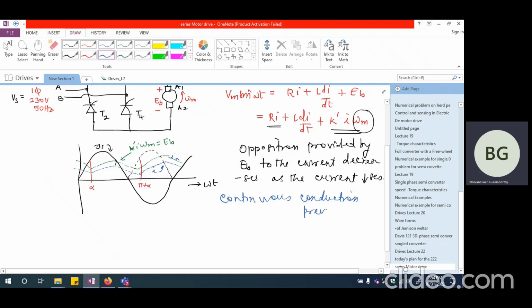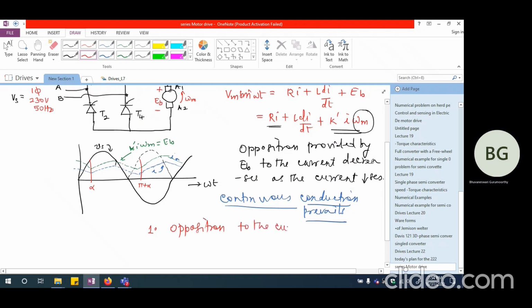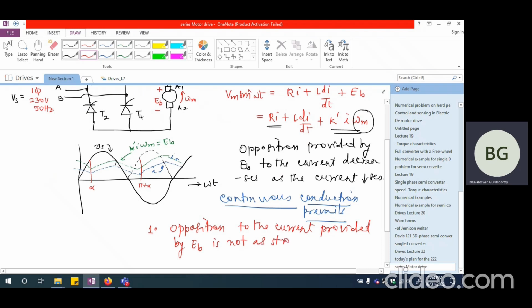Why does continuous conduction prevail in a DC series motor drive? It can be attributed to the following three factors. One is the opposition to the current provided by EB is not as strong as it is in the case of a separately excited DC motor drive, because EB itself is not a constant.